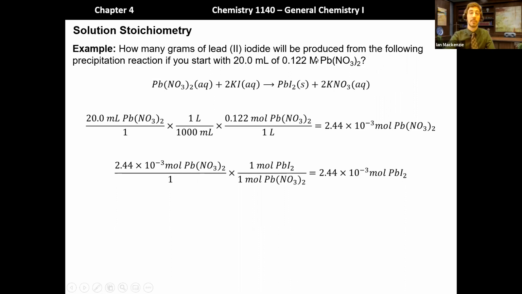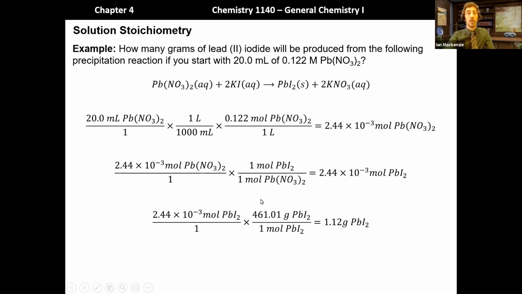Actually, what I'm looking at here is not lead nitrate. That's what I started with. But what I want is lead iodide. So I can look up the atomic weights of lead and iodine and figure out the molar mass of lead iodide, and then use that to convert between moles of lead iodide to grams.